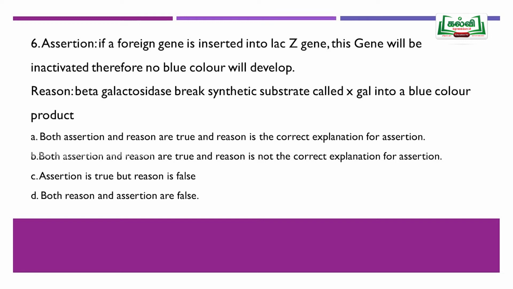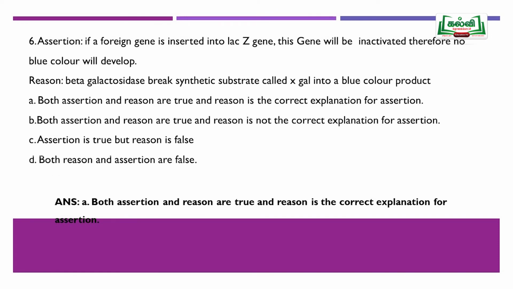The next one is the reason: beta galactosidase breaks a synthetic substrate called X-gal into a blue colored product. So the assertion and reason are both correct. The answer for this question is: both assertion and reason are true, and the reason is the correct explanation for the assertion.